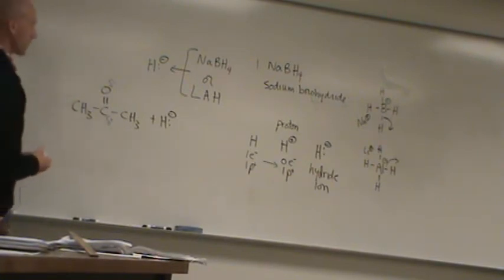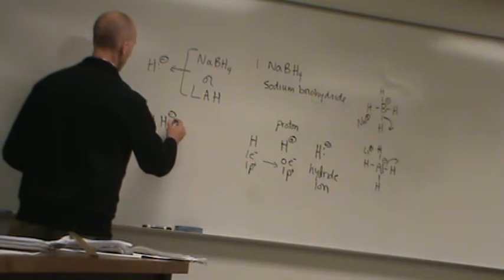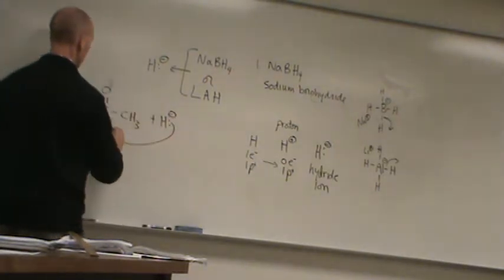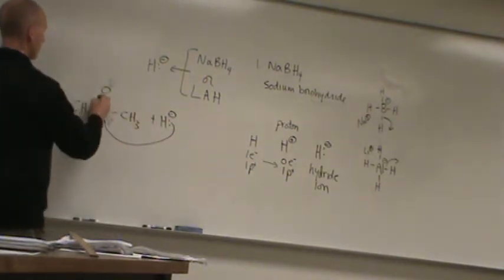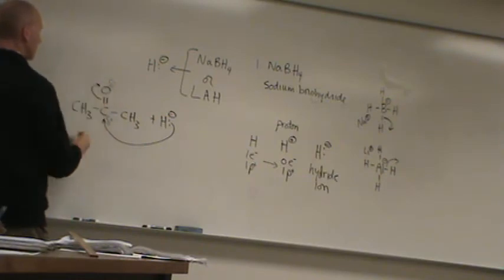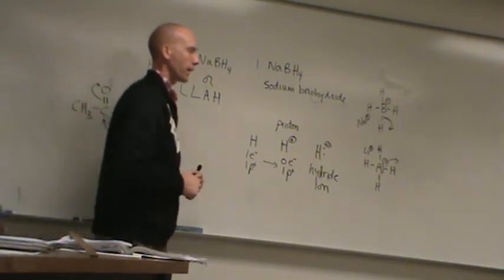So just like the Grignard, the hydride will attack the delta plus carbon.